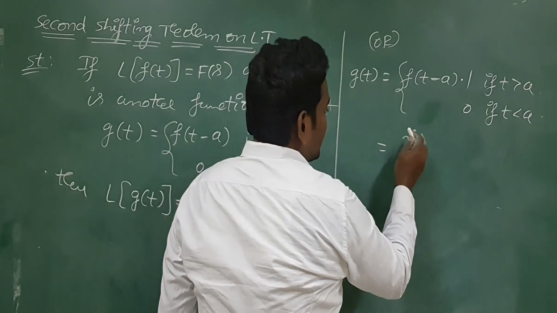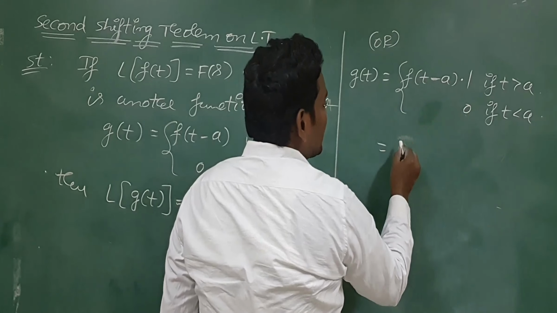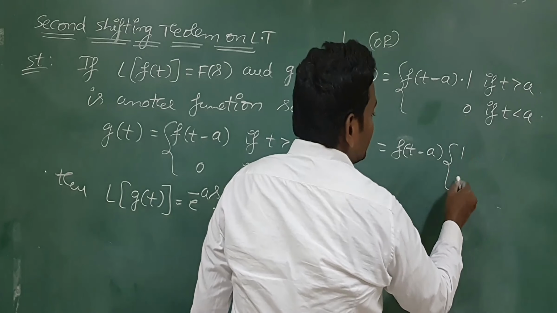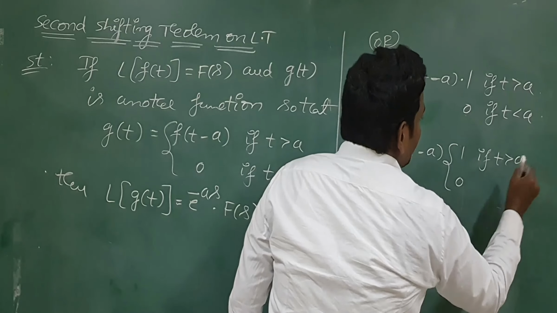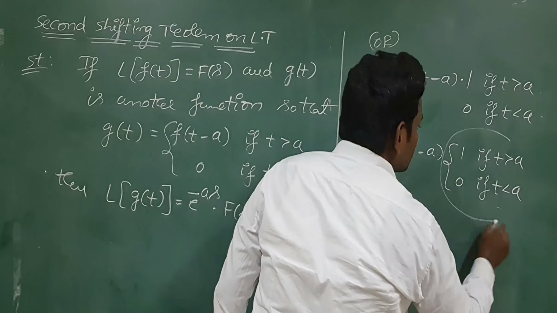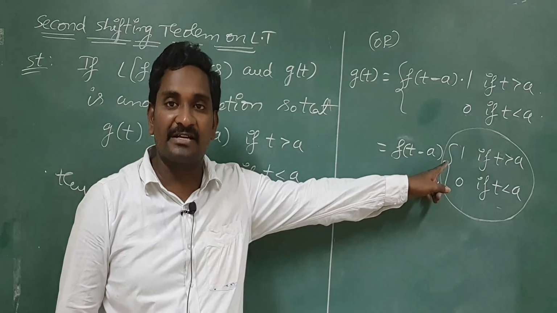So in both parts f of t minus a is a common term. So I will write here 1 if t is greater than a, 0 if t is less than a. What is this? Already know it. This is nothing but the unit step function.